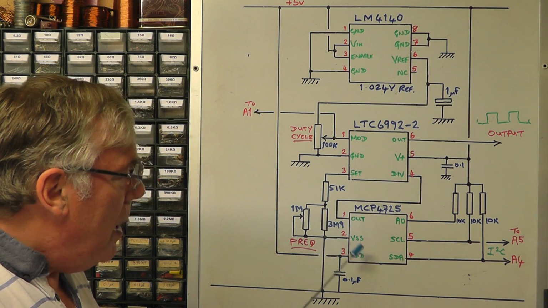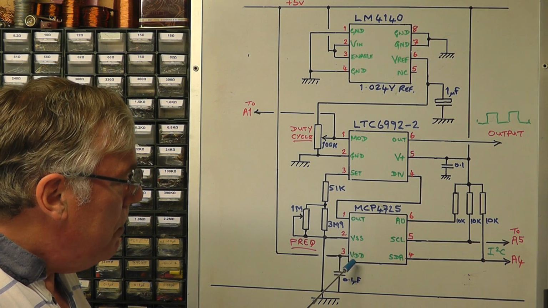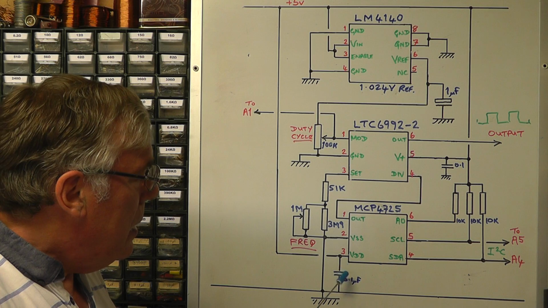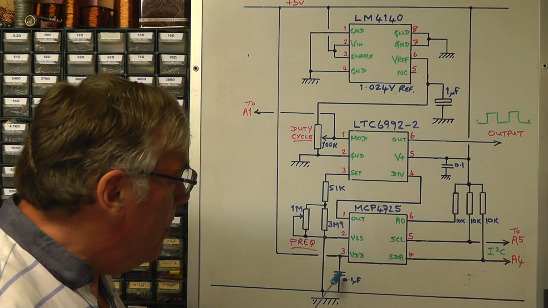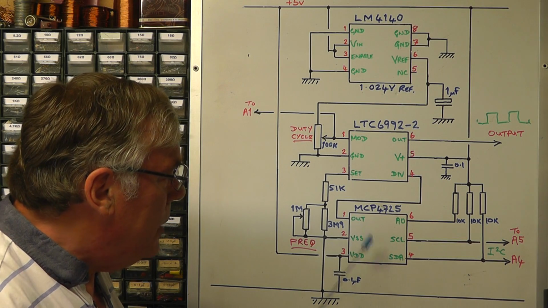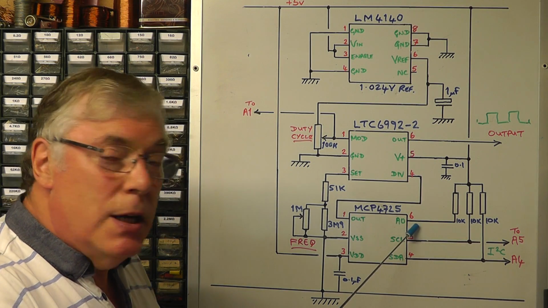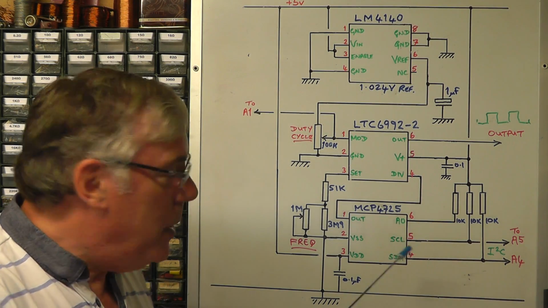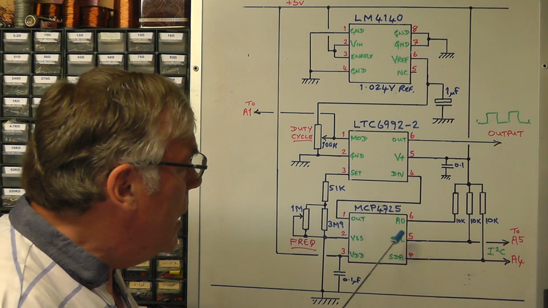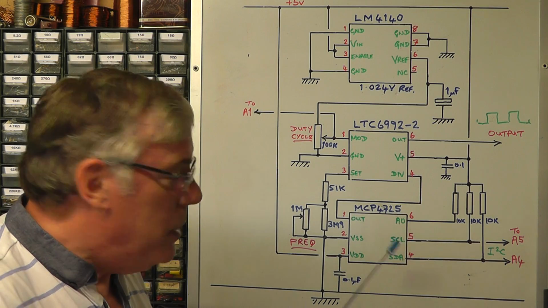Now the supply to the DAC is coming from the 5 volt supply to pin 3, and that's decoupled again with a 0.1 microfarad capacitor, and pin 2 is the ground pin of the IC. Pin 6 selects the address for that particular DAC because we're going to program it using the I2C bus, and we have one of two options.